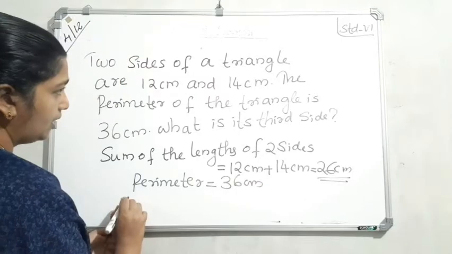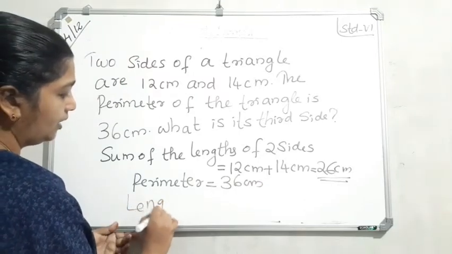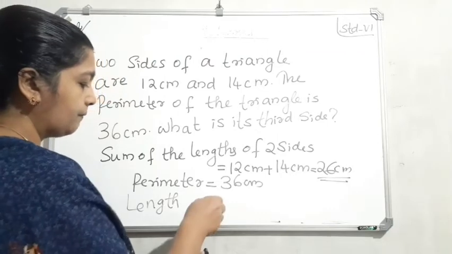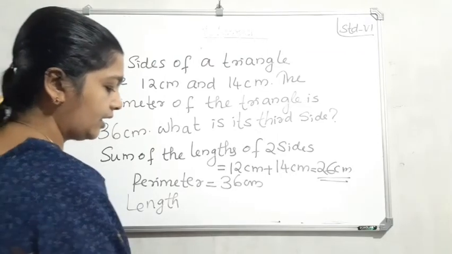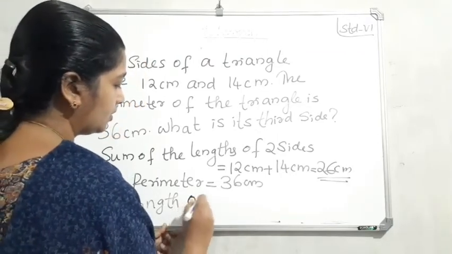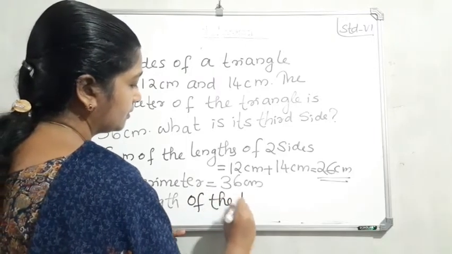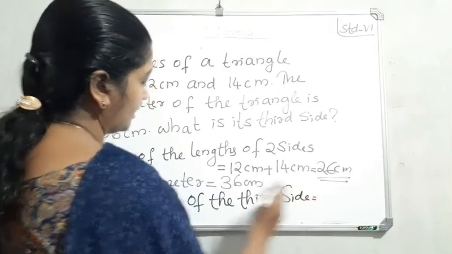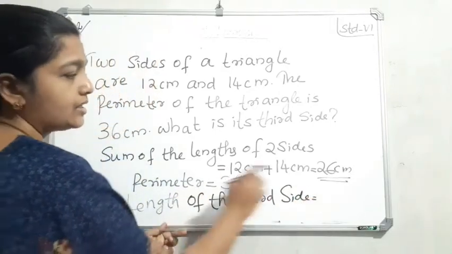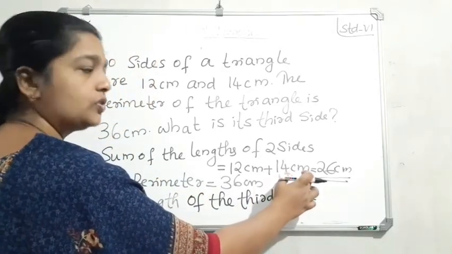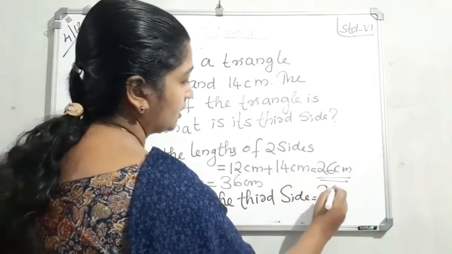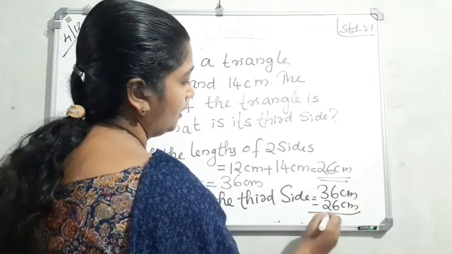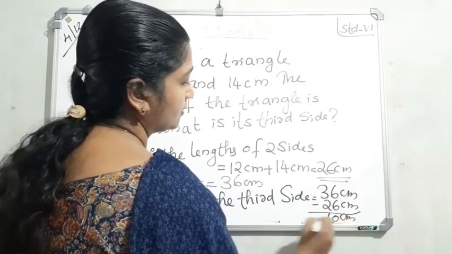So the length of the third side equals the perimeter minus the sum of the lengths of the 2 sides. So 36 centimeter minus 26 centimeter equals 10 centimeter.